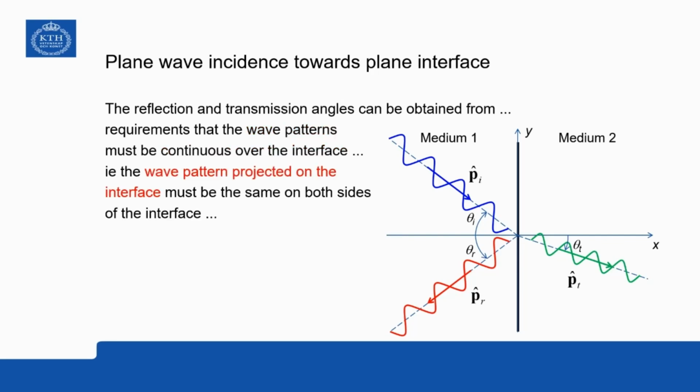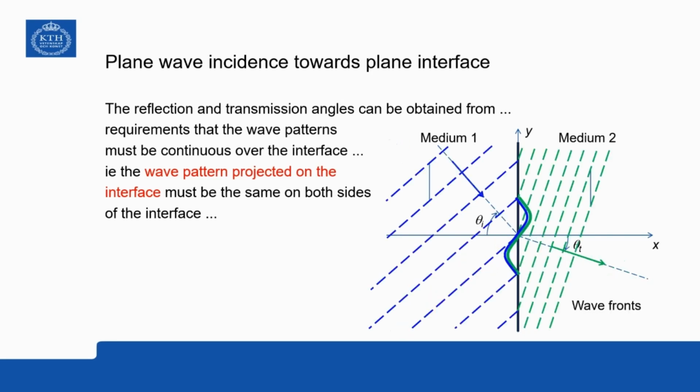So if you see here we have the incoming wave, and these dashed lines here indicate 0 positions on the incoming wave. So in between here, we have maxima and minima in the wave pattern. And the same goes for the medium 2 side, the transmission side.